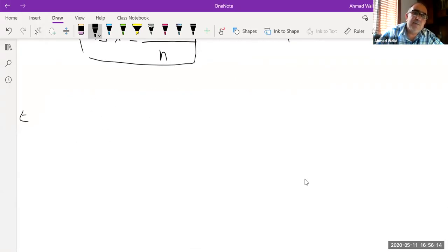Let's take another one. For example, they give you this function. Let's take y equal, which one is good? Cosine x? F of x equal cosine x.